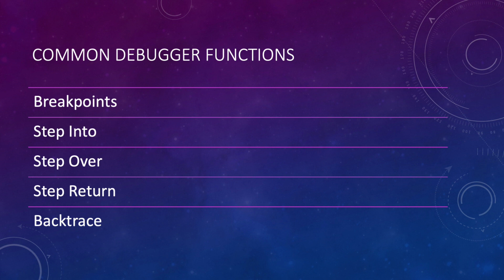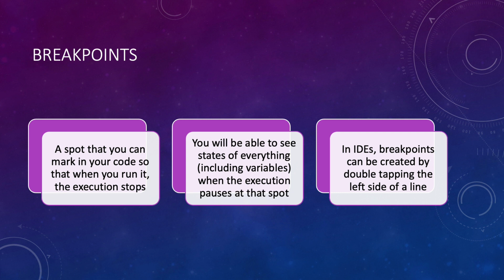I will now go over some common debugger aspects that are essential to know and understand. These include breakpoints, step into, step over, step return, and backtrace. To simply define it, a breakpoint is a spot that you can mark in your code so that when you run it, the execution stops at that point.